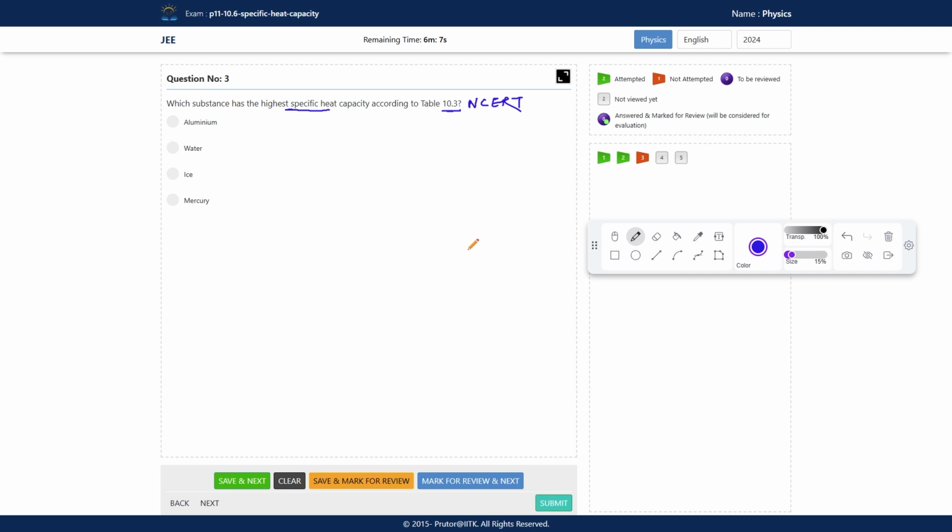Please solve. Aluminium, water, ice, or mercury?